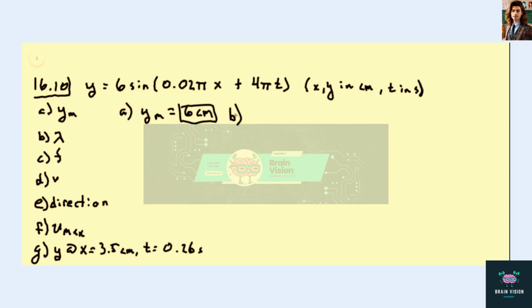Next, we'd like the wavelength. So lambda, the wavelength, is 2 pi divided by the angular wave number.